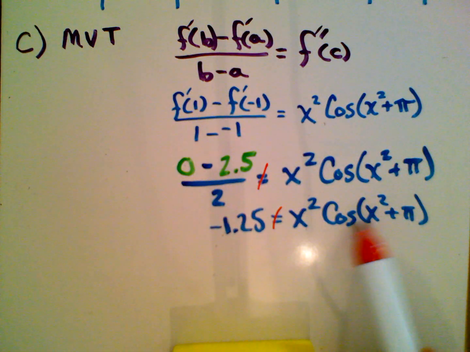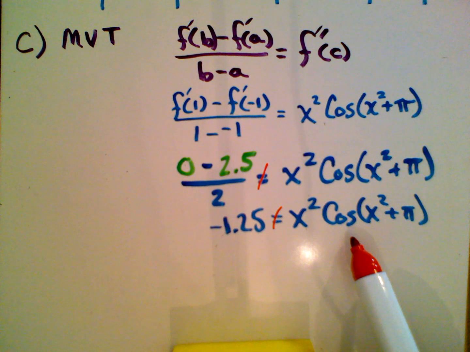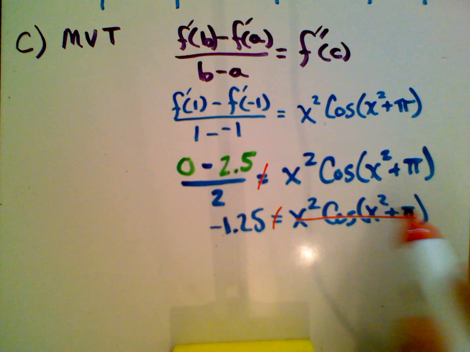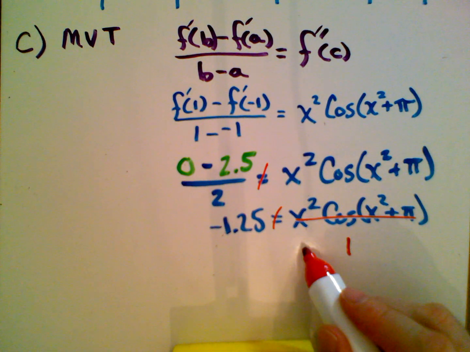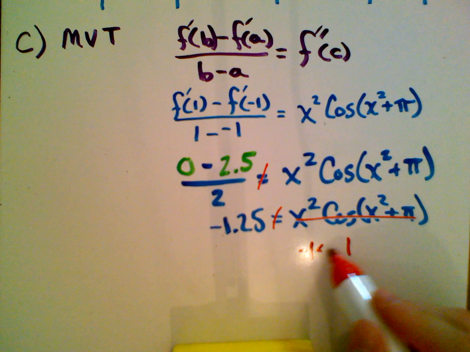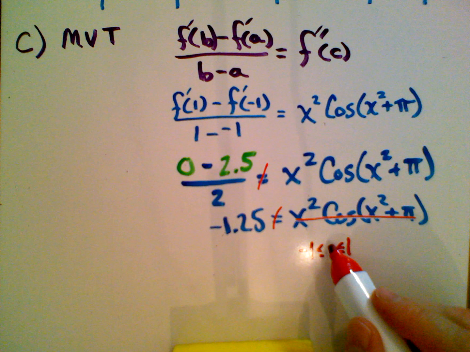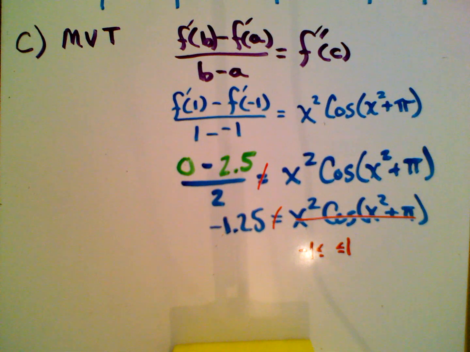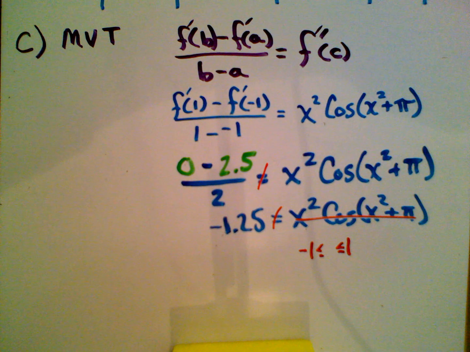And the next thing to know is that cosine, the biggest value it will ever be is positive 1 to negative 1. It never gets larger. So the biggest that this could be is 1, and the smallest it could be is negative 1. That gives us some kind of boundaries to work with.